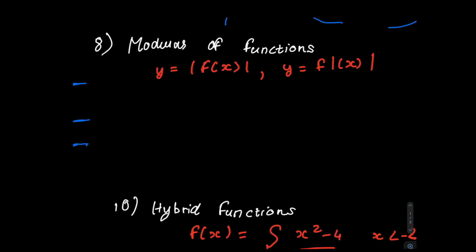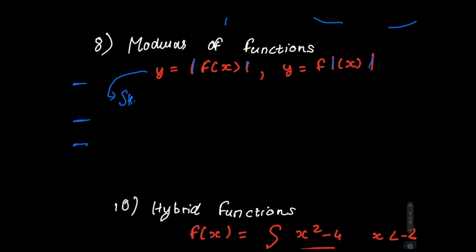So now we're covering the modulus of a function. This can be any function, and there are two types of modulus functions that you should know. One is the modulus of the whole function, and another is the modulus of just the x terms, so basically no negative x terms. How do you go about doing this? In the first case, how do you sketch the function?